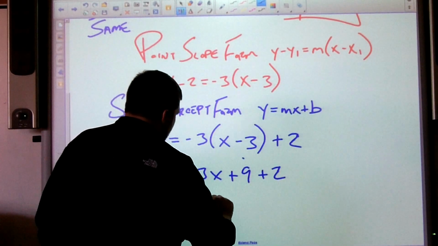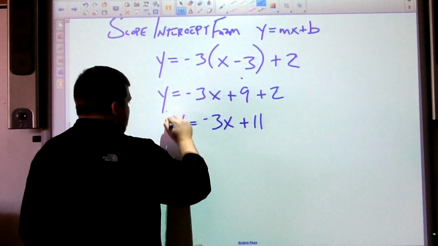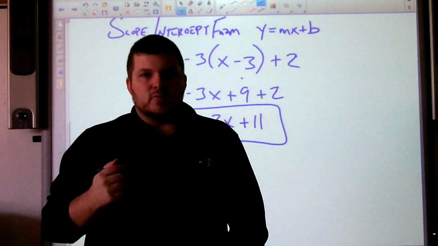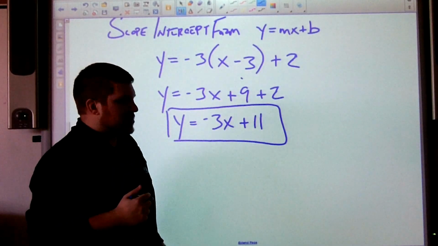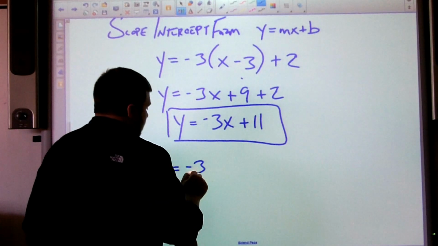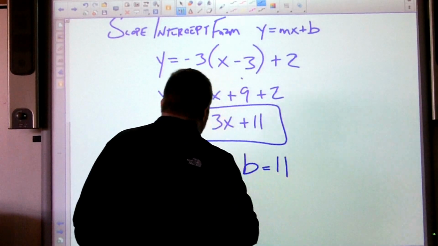So y equals negative 3x plus 11. So this is the equation of my line. It is unique. It's the one and only in slope-intercept form. And I know from this that my slope is negative 3, just like we said it had to be, and my y-intercept is 11.